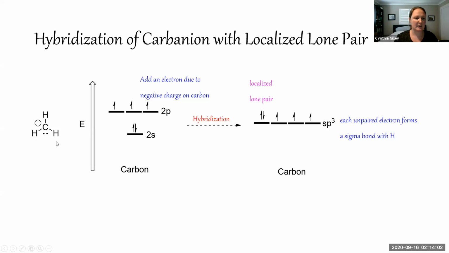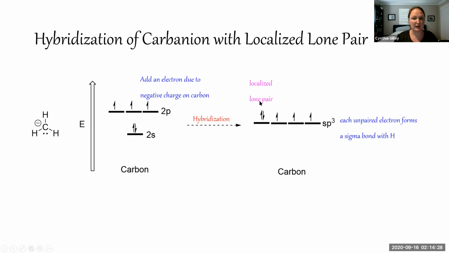If it has a steric number of 4, we're going to hybridize all of the 2p orbitals along with the 2s orbital in order to get 4 sp3 hybridized orbitals. Since there's 5 electrons, we will put those 5 electrons into the hybridized orbitals, and the 5th electron will form a pair, right, with one of the other electrons.